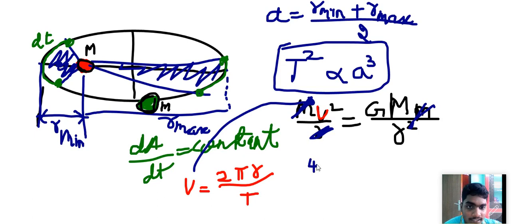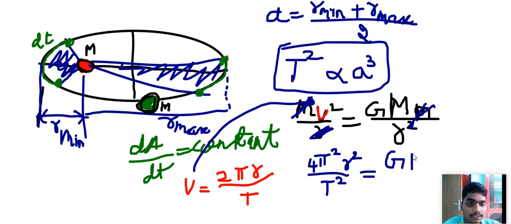So the next equation can be written with v substituted: 4 pi square r square by time square, which is equal to G capital M divided by R, because the square has been cancelled right here.